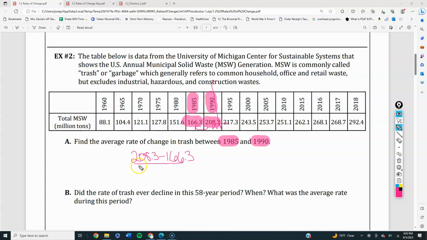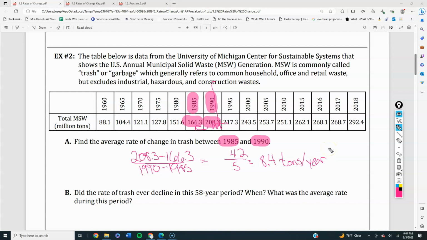And I'll just subtract those. So I'm going to do 1990 minus 1985. So I get 42 over 5, which is 8.4 tons per year.